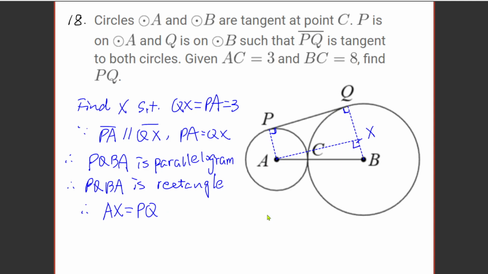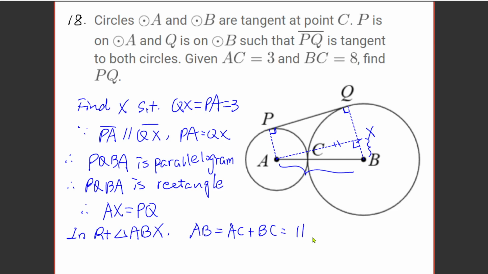So note that this angle is also 90 degrees, right? So if we consider the right triangle ABX, if you want to find AX, you need this length BX and this length AB, right? So first of all, we know AB equals AC plus BC, and this gives us 11. And BX equals the difference between the two radii, which is QB minus PA, and this gives us 5, right?